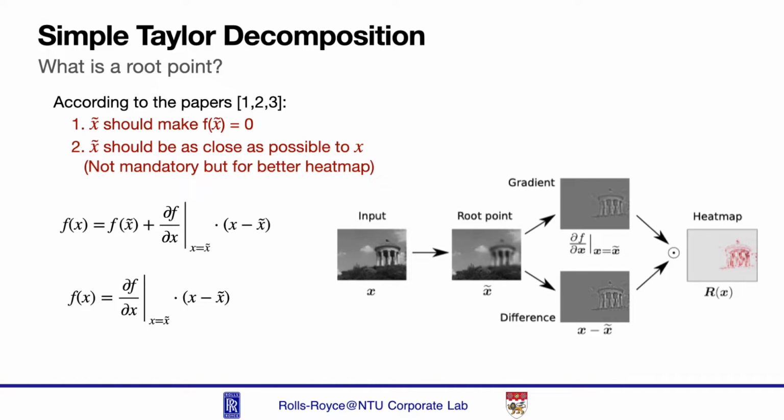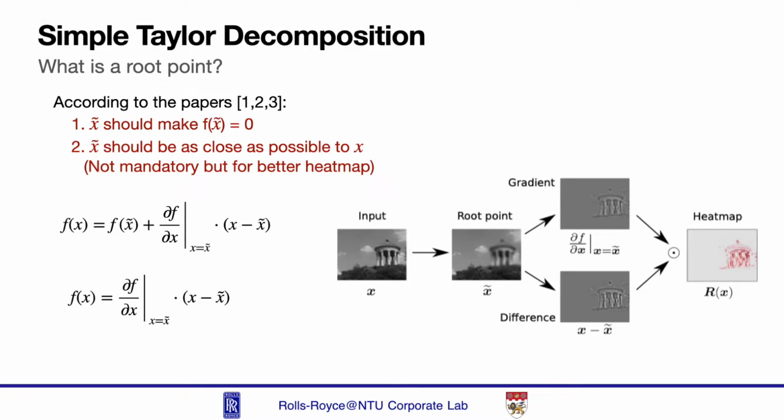So given these two constraints, we can rearrange this function as the approximation function at the bottom left, because f of x tilde will be 0, and so we get rid of that f of x tilde. And now the only thing we care about will be this partial derivative and this difference part.